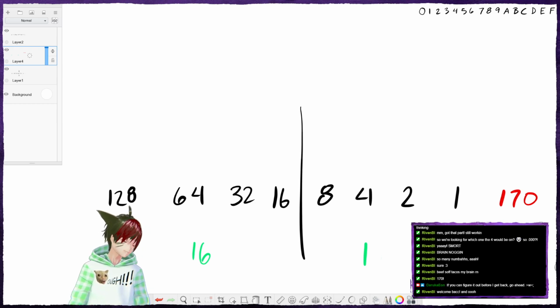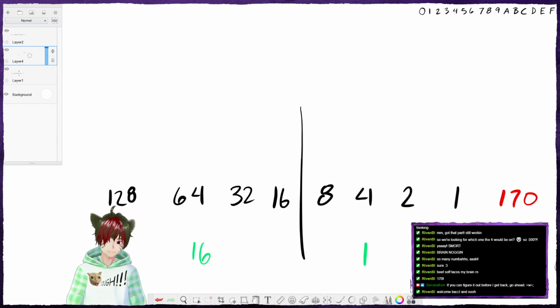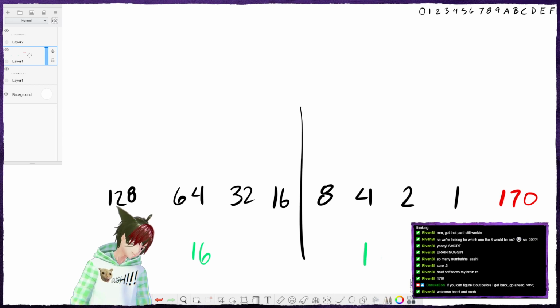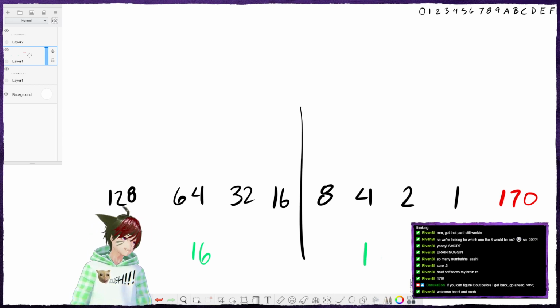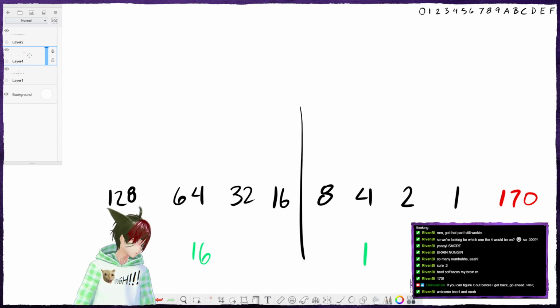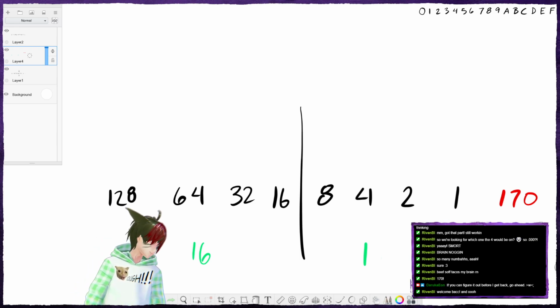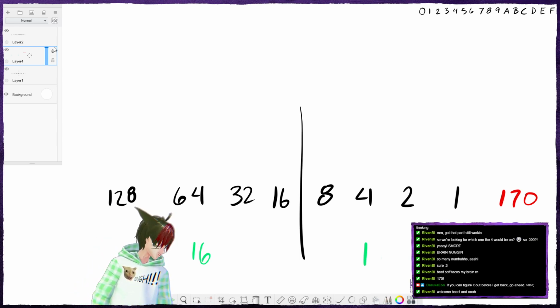Yeah. So, did we figure out what 170 is in binary? What do you know? 1.